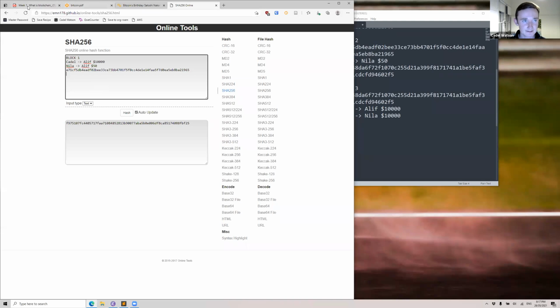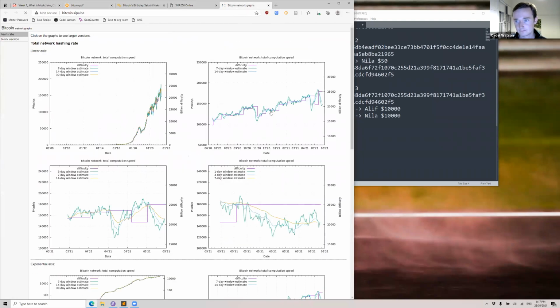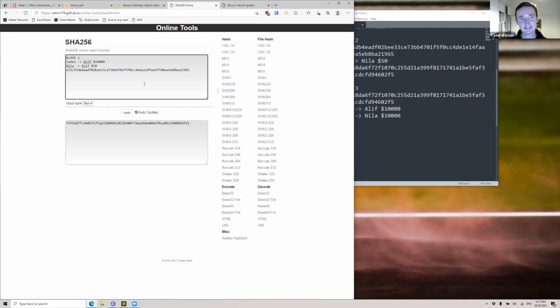So if we look at this graph here, we can see that me typing in numbers, I can do maybe 4 calculations per second if I'm really fast, by adding this number.